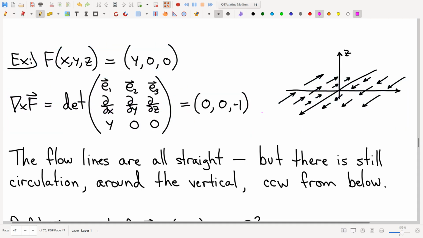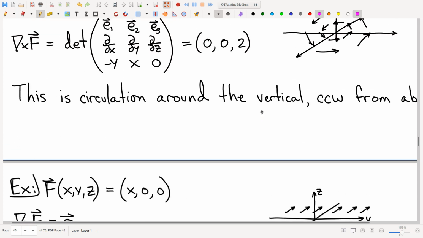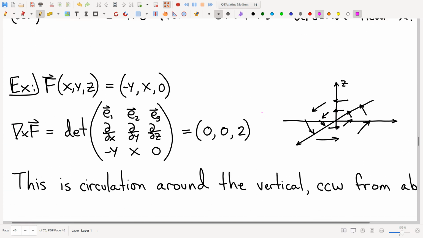And this is part of, I'm going to confess, some sloppiness in how I've defined the term circulation. The very first example that I showed you of a circulation has the feature that the flow lines are also curving.